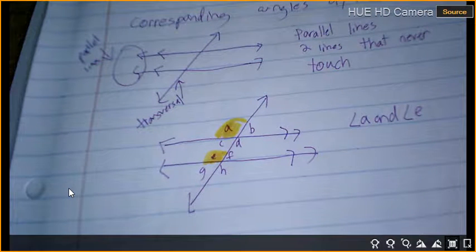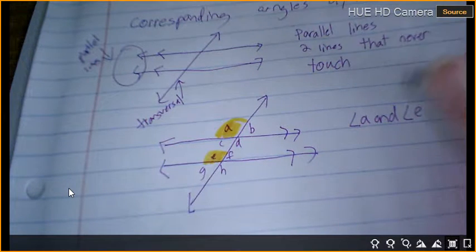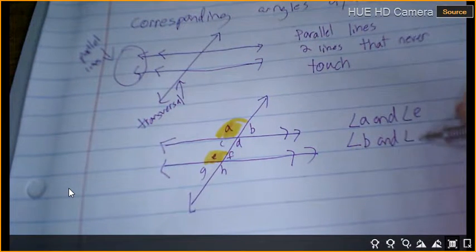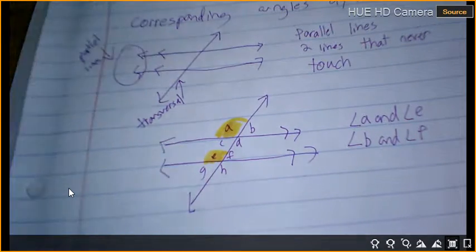Okay, so if that's an example, can you guys list another pair of corresponding angles? B and F. So B and F, these would be corresponding.